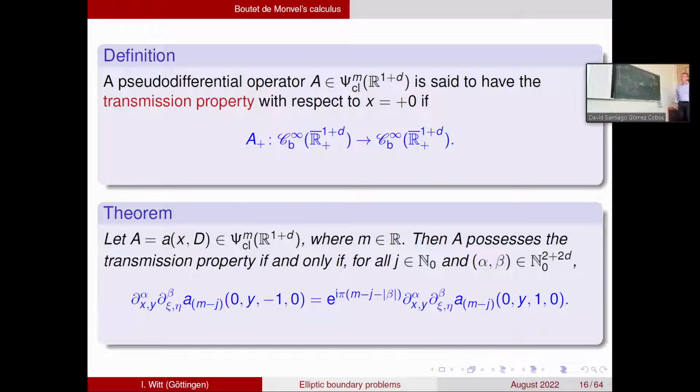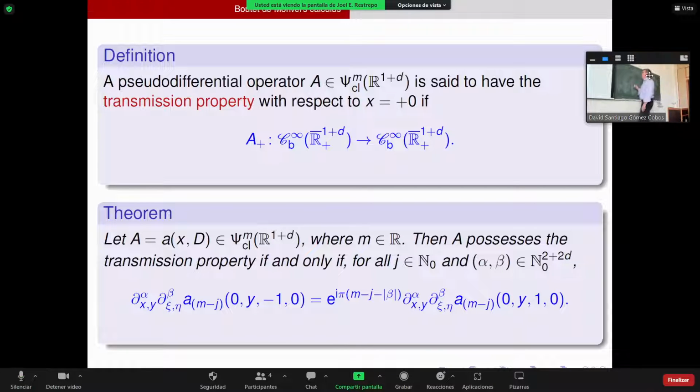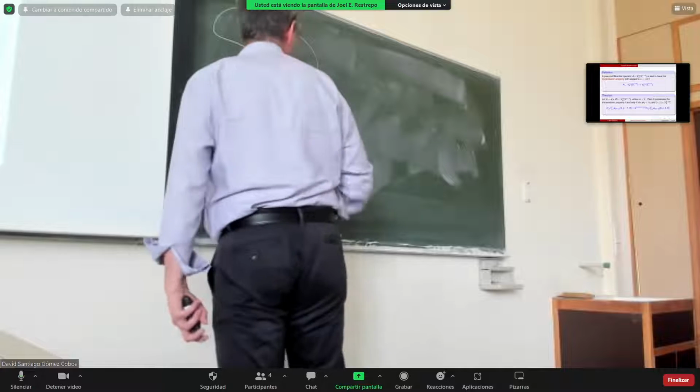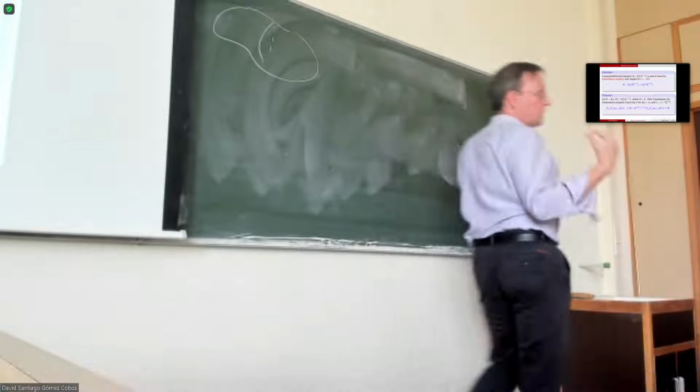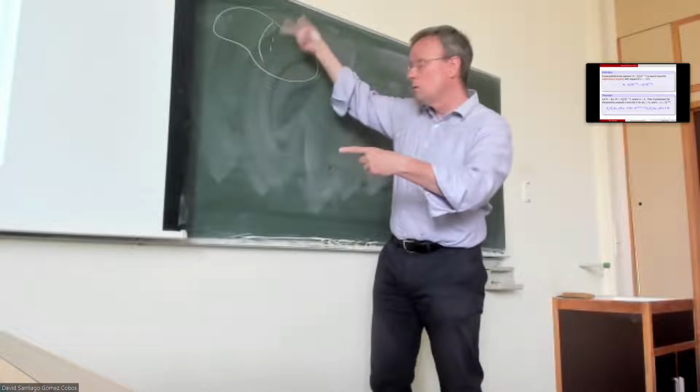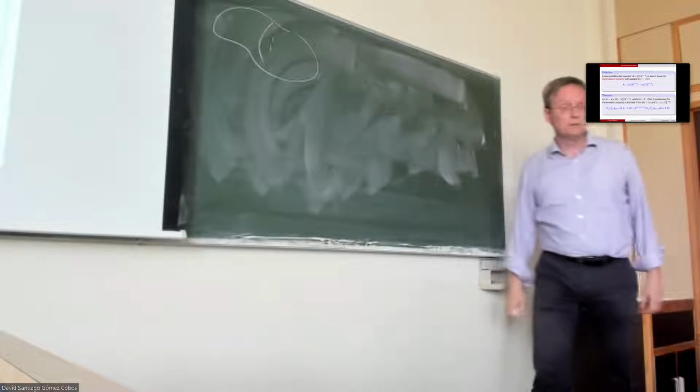And the transmission property is this. Maybe I should tell it to you in the bounded domain. So if you have a manifold with boundary, it's easy to make it a manifold without boundary, for instance by passing to the double. You take a second copy of the manifold with boundary and glue along the common boundary.